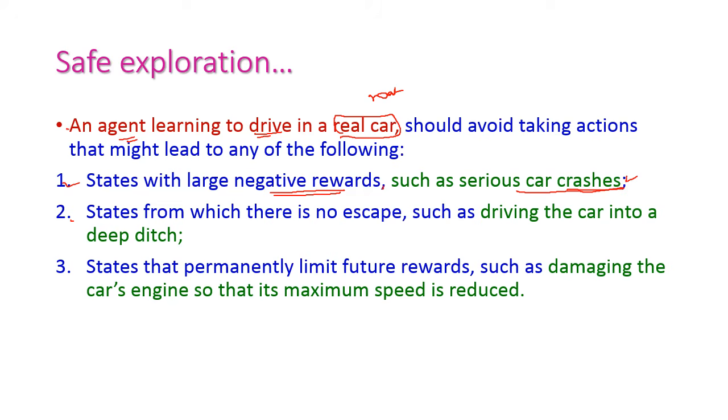And second one, states from which there is no escape. We have to avoid no escape states, for example driving the car into a deep ditch. Okay, there is no escape from here. And the third one is states that permanently limit the future rewards. That means damaging the car engine so that the maximum speed limit gets reduced.